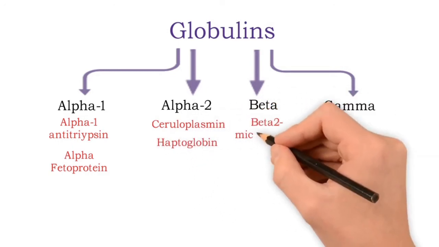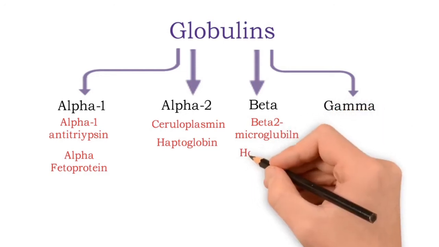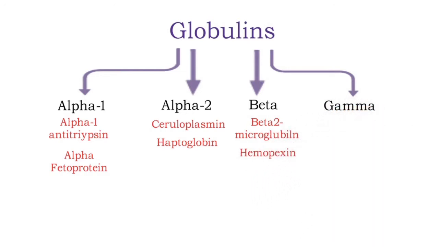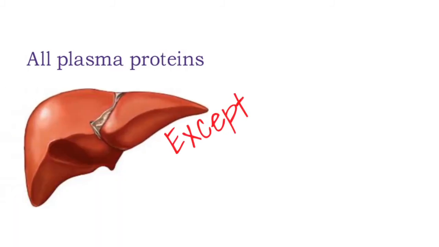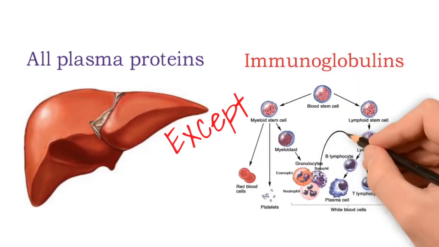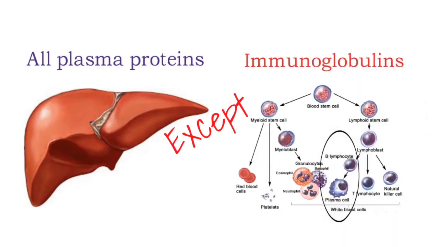Beta will include beta 2 microglobulin and hemopexin. And gamma, all immunoglobulins. All plasma proteins are synthesized in liver except immunoglobulins. Those are synthesized in plasma cells, which are derived from B lymphocytes.